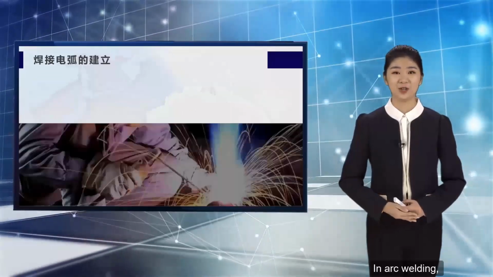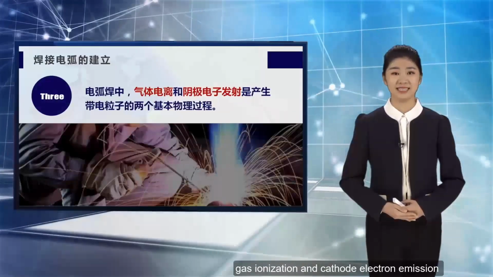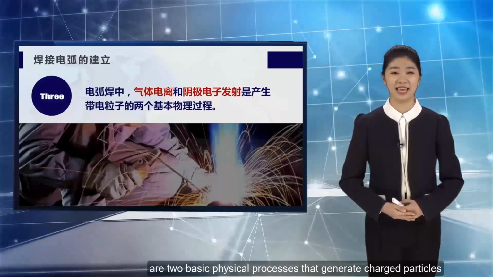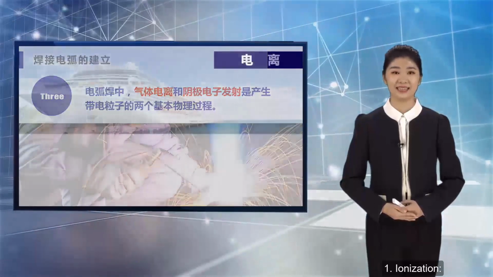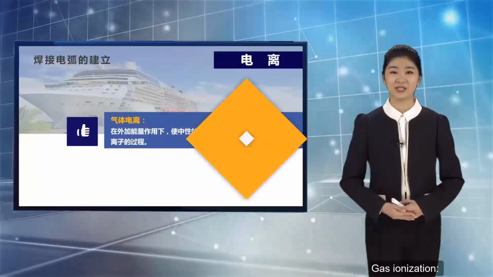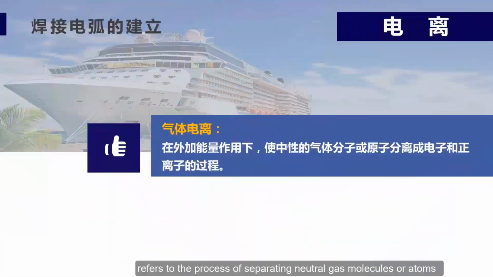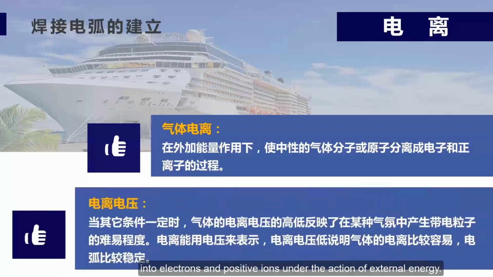In arc welding, gas ionization and cathode electron emission are two basic physical processes that generate charged particles. 1. Ionization. Gas ionization refers to the process of separating neutral gas molecules or atoms into electrons and positive ions under the action of external energy.